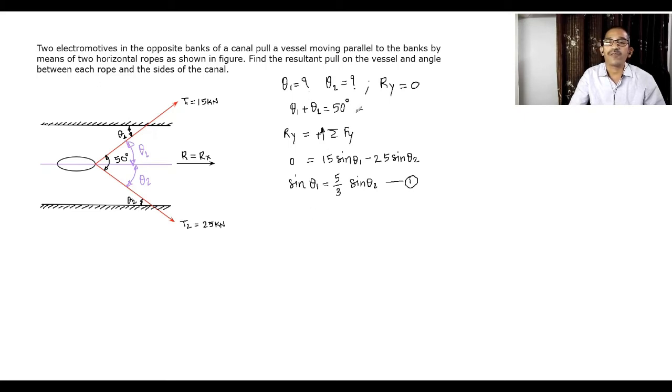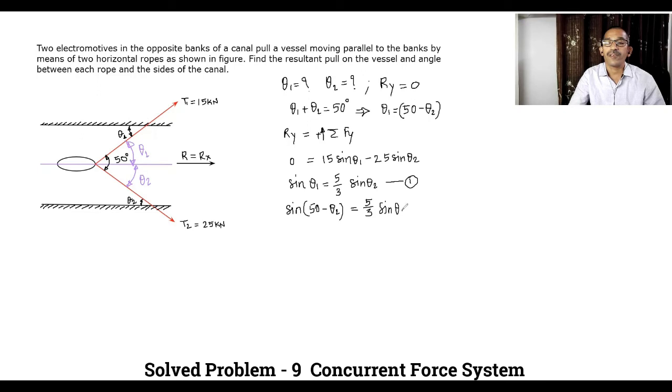So theta 1 becomes 50 minus theta 2 degrees. Putting this 50 minus theta 2 in place of theta 1, we get sine of 50 minus theta 2 equal to 5 divided by 3 sine of theta 2. Now this relation is only in terms of theta 2, which means a solution is possible.